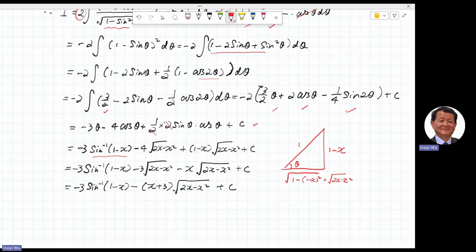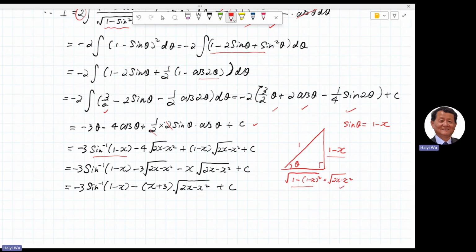Now we know the sine theta is 1 minus x. So if I say this is the trigonometry triangle, you have the opposite over hypotenuse for sine, then the adjacent is the square root of the hypotenuse squared take away the opposite squared.